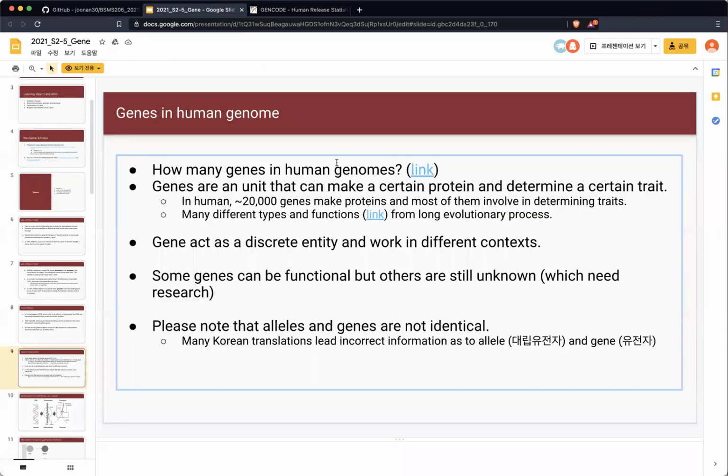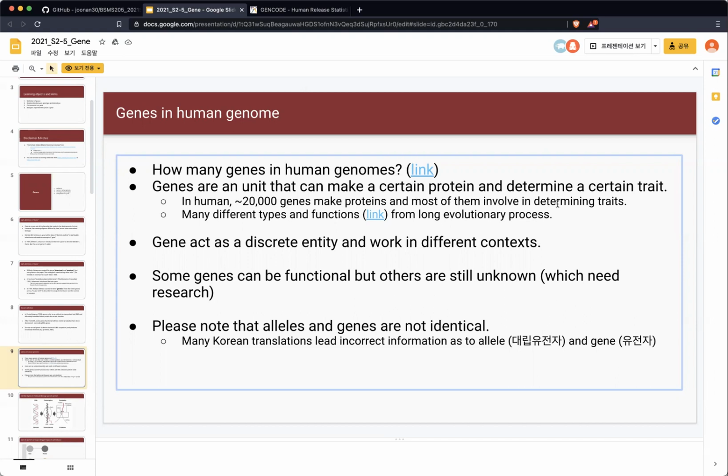Nowadays genes are perceived as a unit that can make a certain protein and determine a certain trait. This is the basic notion of the central dogma we learned from molecular biology. As explained on the previous website, in humans there are about 20,000 genes that can make proteins, and most of them are involved in determining traits.